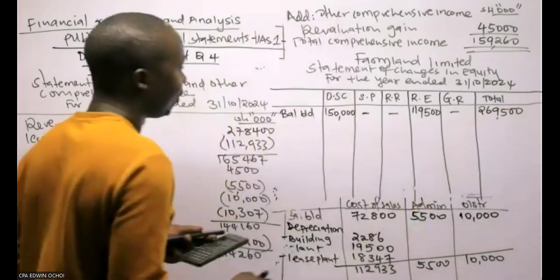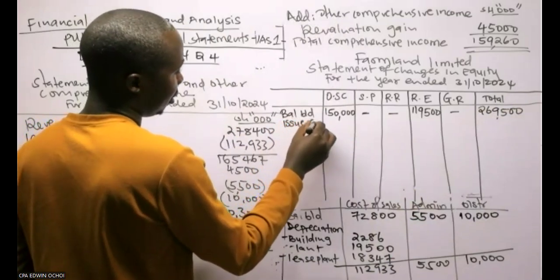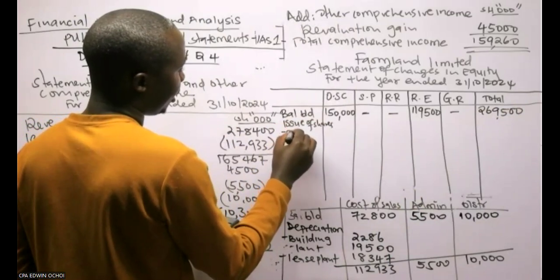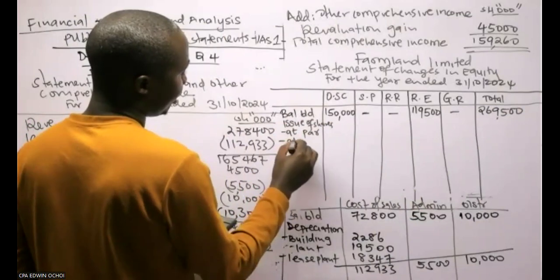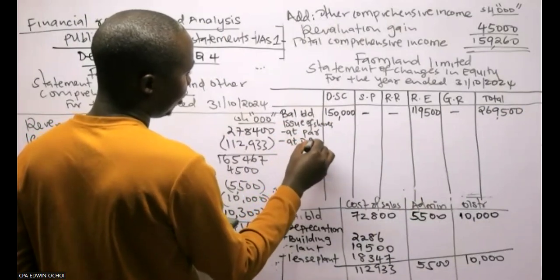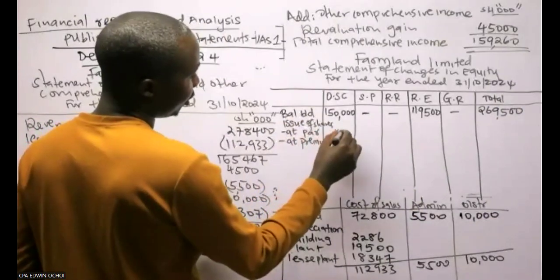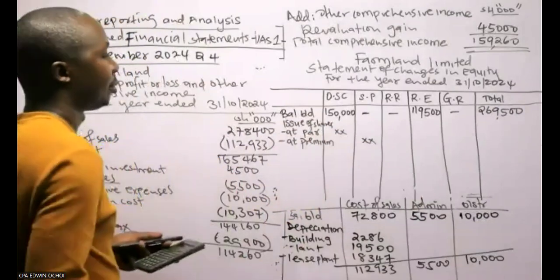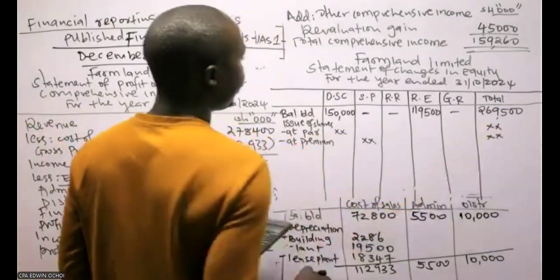Then you ask yourself, was there issue of shares? Issue of shares at par, and at some point you can have at premium. Remember, at par goes to the ordinary share capital. At premium goes to the column of share premium. So you take it to the total there.